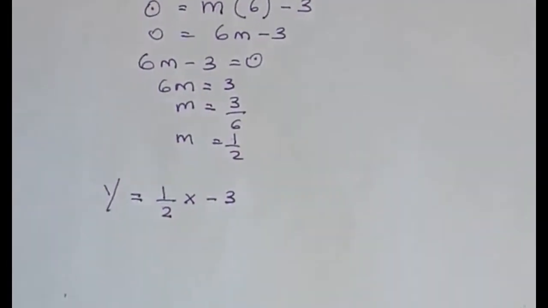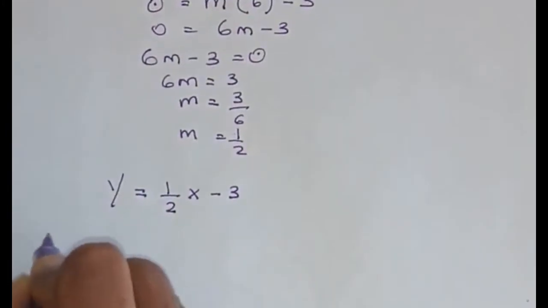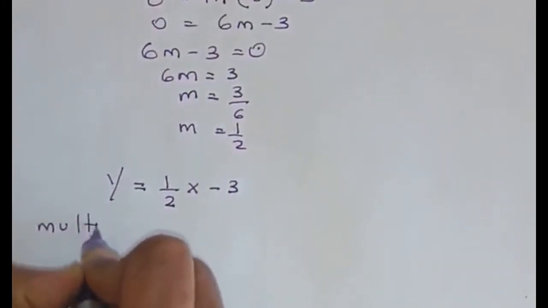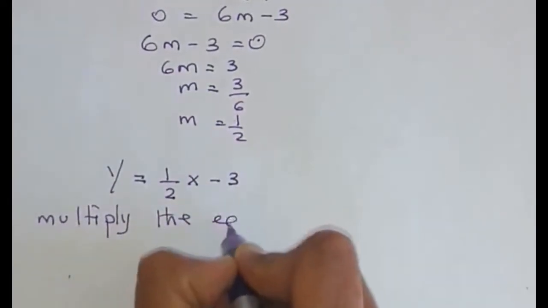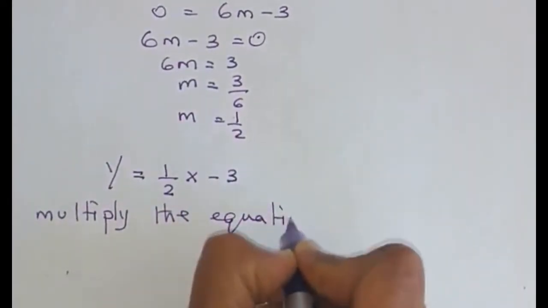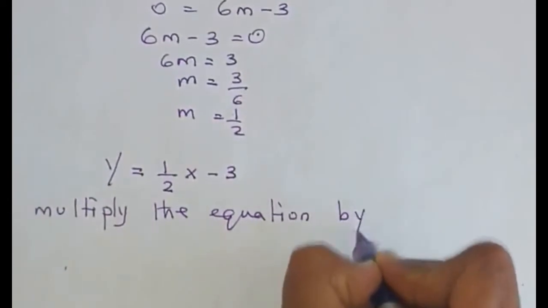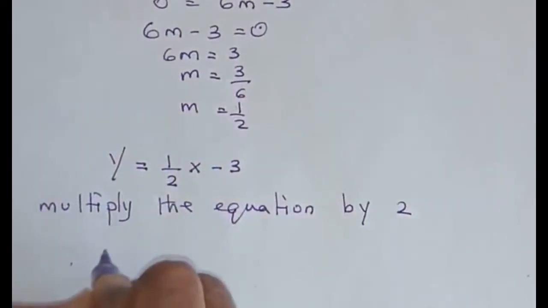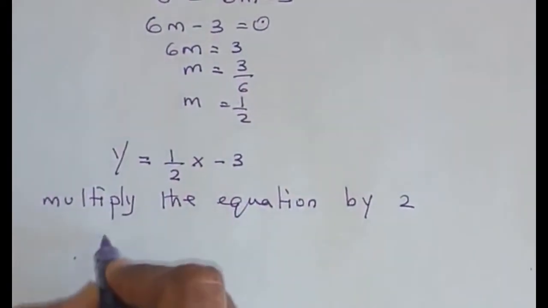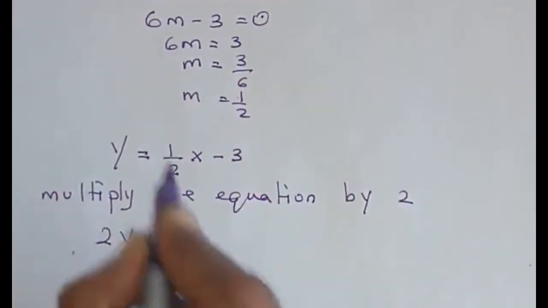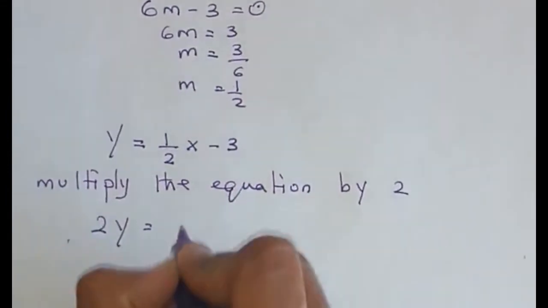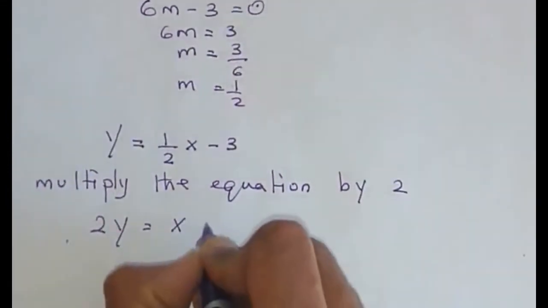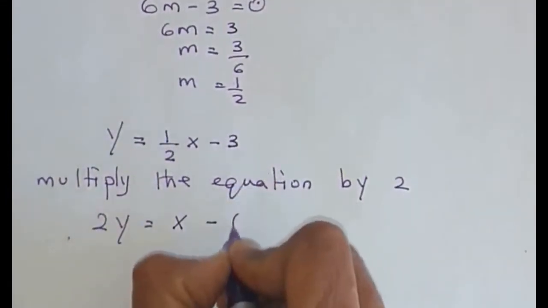That gives me 2y on the left side, and on the right side, half times 2 is 1, so x, minus 3 times 2 is 6.